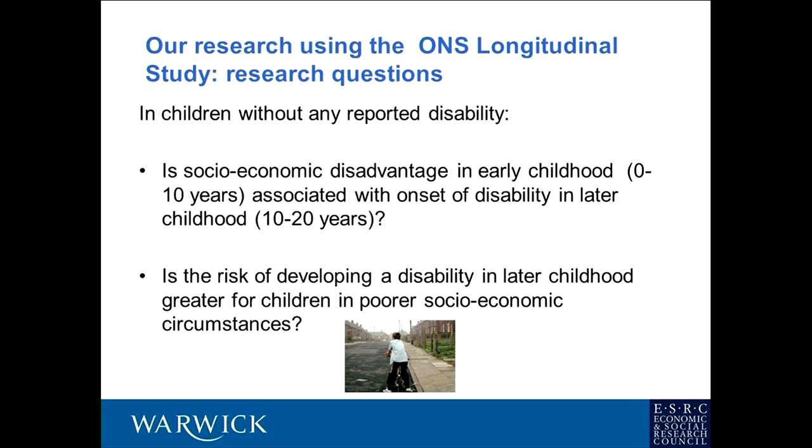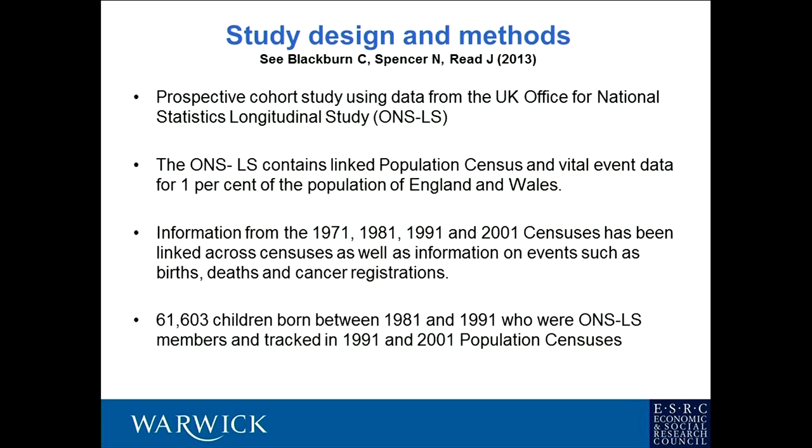So we were interested to find out whether exposure to socioeconomic disadvantage when they were between 0 and 10 was associated with onset of disability in later childhood, and whether the risk of developing a disability in later childhood was greater for children in poorer socioeconomic circumstances.